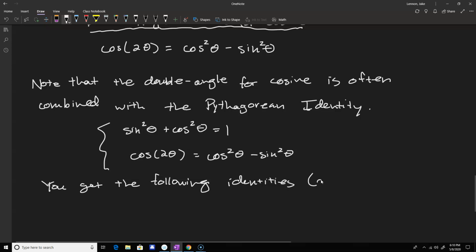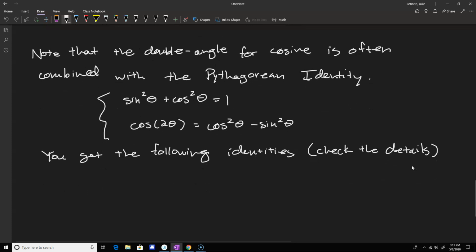And again, you may want to check the details. Actually, if you take these identities and go even further and solve for cosine of theta or sine of theta by themselves, you get what are known as the half-angle identities for sine and cosine, but I won't be doing all of that. I'll just be listing the following identities.